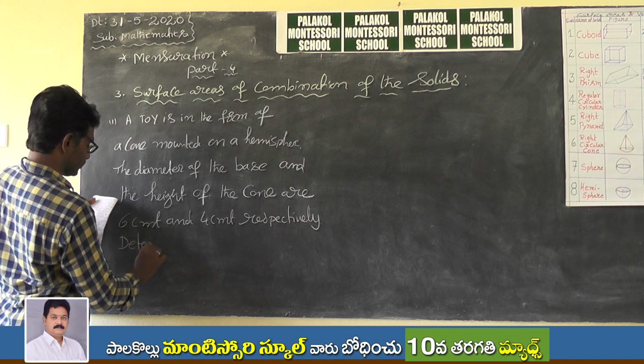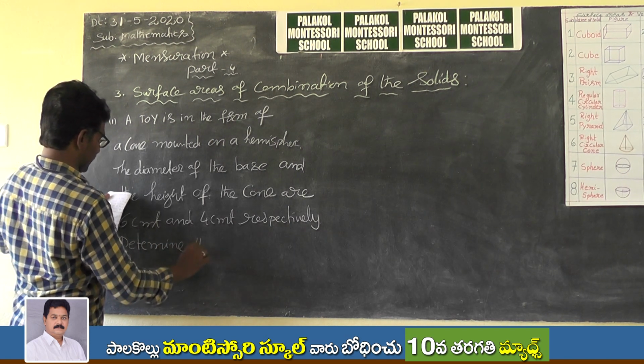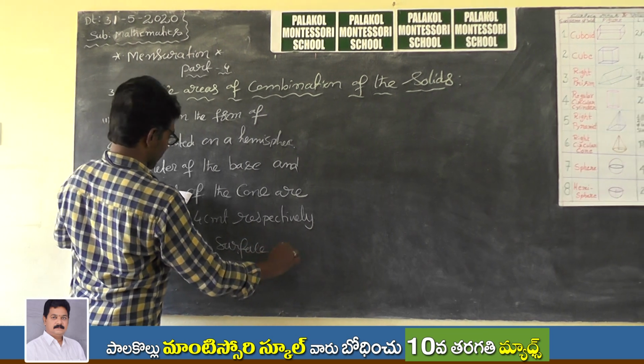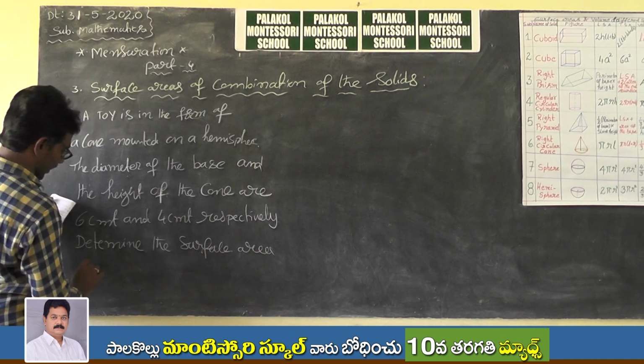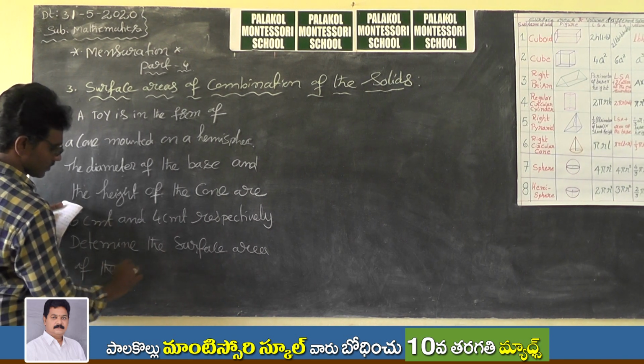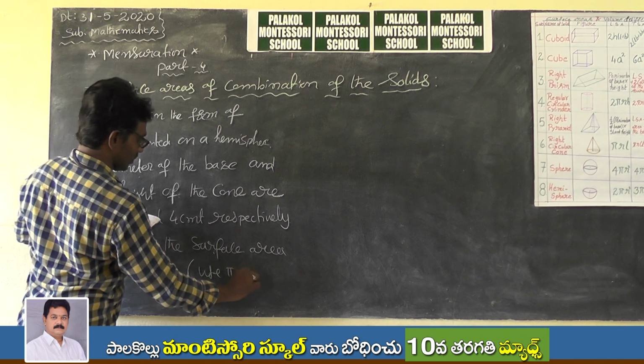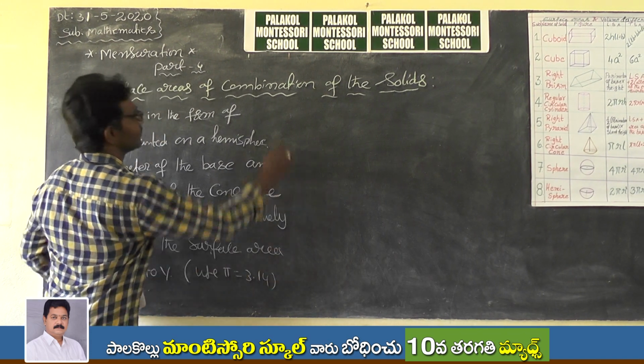Determine the surface area of the toy. Use pi is equal to 3.14.